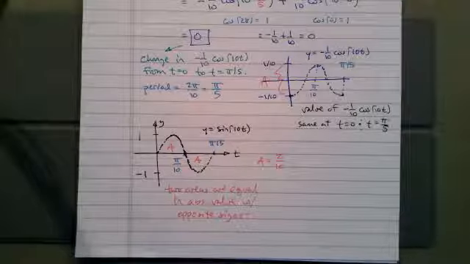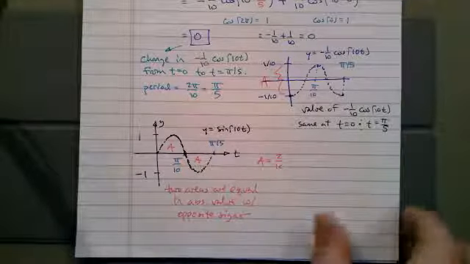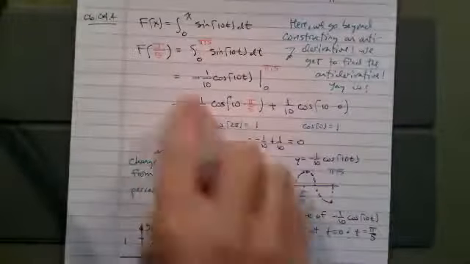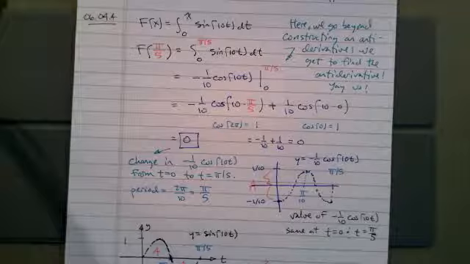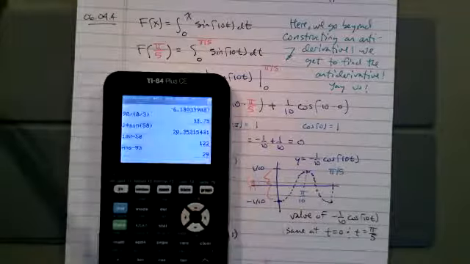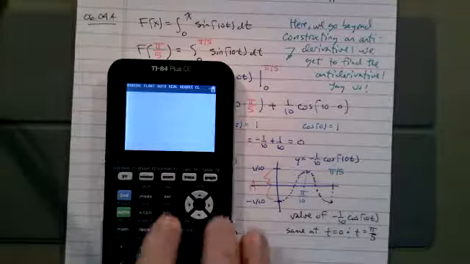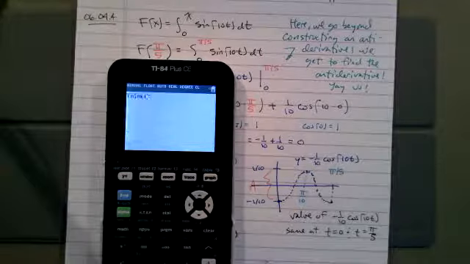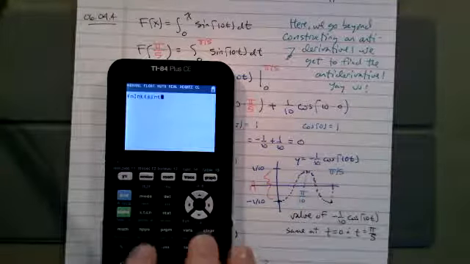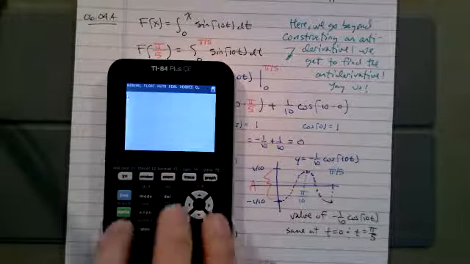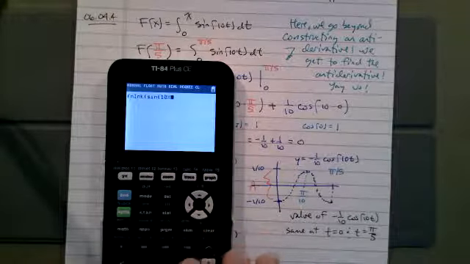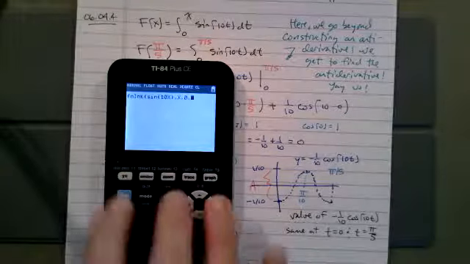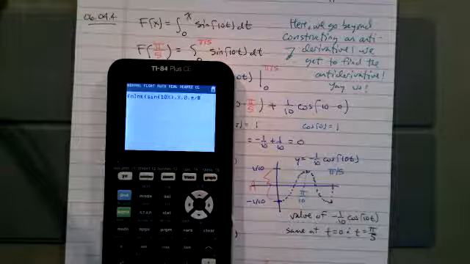Keep in mind, if we were unable to find the antiderivative of sine of 10t, this is still how we would evaluate this integral. We could still just grab a machine and say, hey machine, what's the integral of sine of 10t with respect to t from 0 to pi over 5.